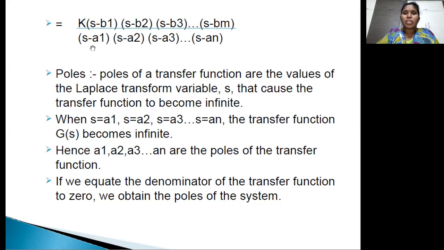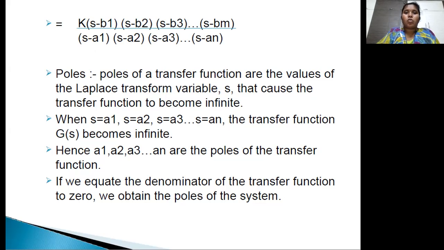If I am equating that equation to 0, what will it become? S minus A1 is equal to 0, then S is equal to A1. In the same way, I can obtain different values for S. These values are called poles. So in this equation, A1, A2, A3 and so on, An are the poles.